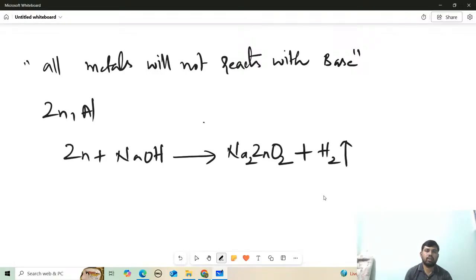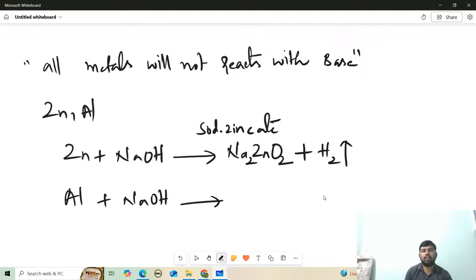It is called sodium zincate. Similarly, if I take aluminum plus NaOH, we'll get here aluminum zincate, I think, AlZnO2, plus again hydrogen gas.